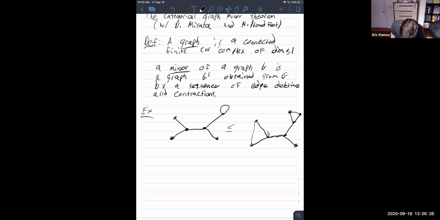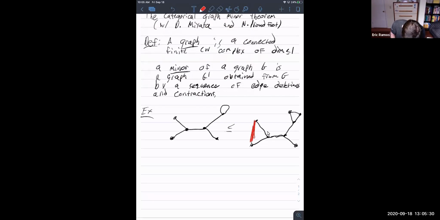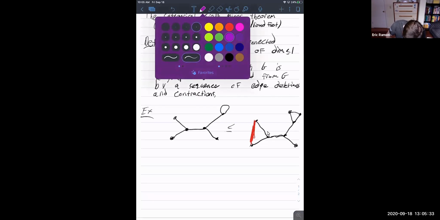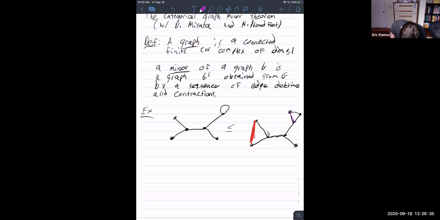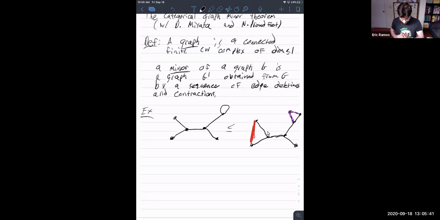Here I have, let's say, deleted this edge, and I have contracted 2 of the 3 edges of the triangle. Any 2 will give you the same graph ultimately. So I've contracted the 2 purple edges and I've deleted the red edge.